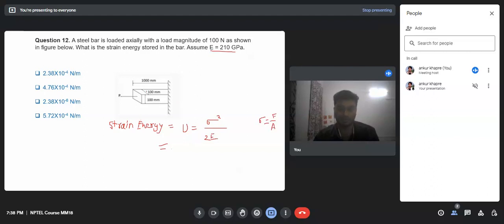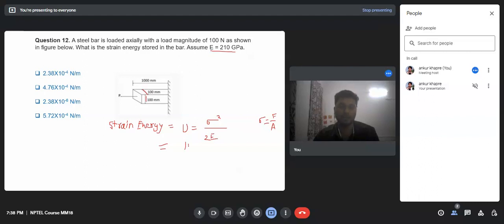So what is the area? It is 0.1, this value and this value, we'll just multiply, then we'll get the area. So 0.1 centimeter into 0.1 centimeter, and the force will be 100 newton.